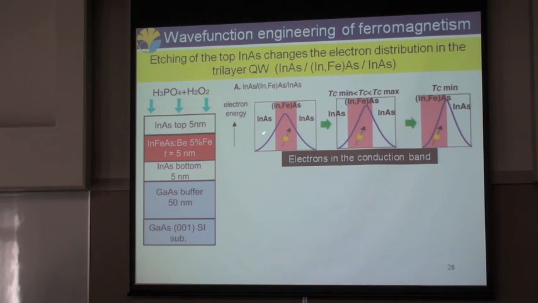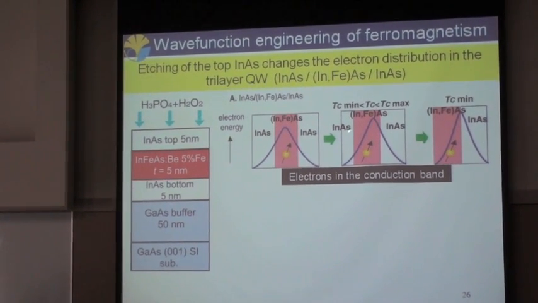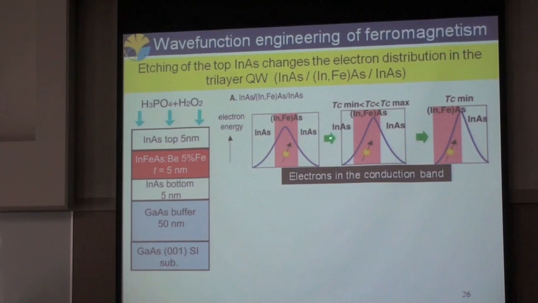And then if you etch the top indium arsenide layer, the thickness of the top layer is thinned. And then the wave function starting from here, and then the position of the wave function is pushed back to the substrate side, so that the overlap between the electron wave function and indium iron arsenide layer decreases.